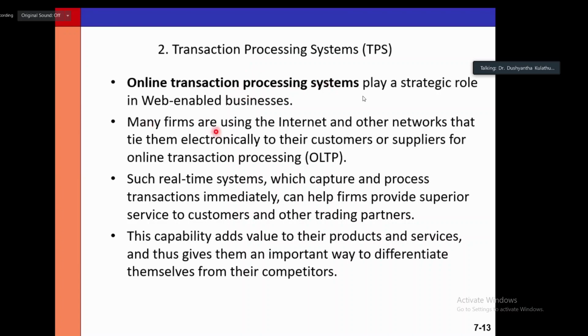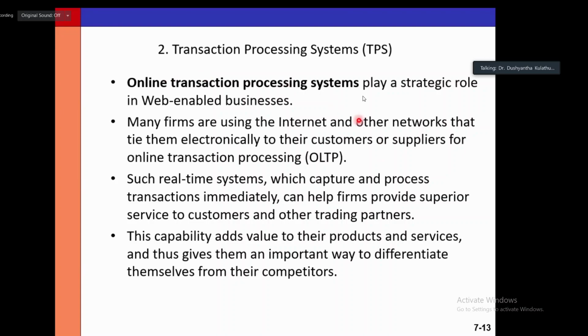Many firms are using the internet and other networks that tie them electronically to their customers or suppliers for online transaction processing. The organization may use different technologies to connect with customers, suppliers, or any other trading partner in processing these online transactions.